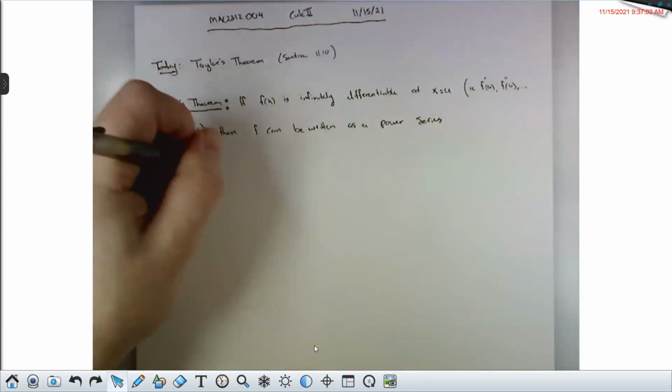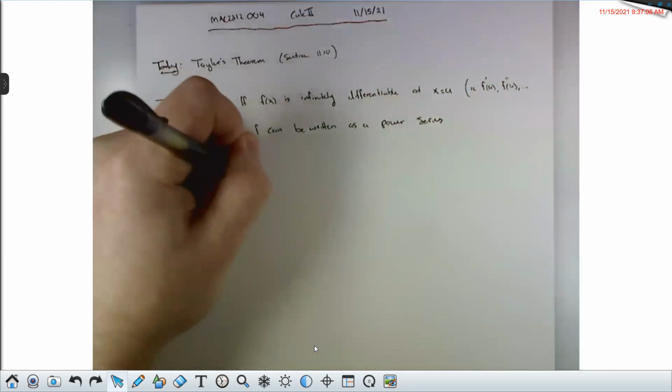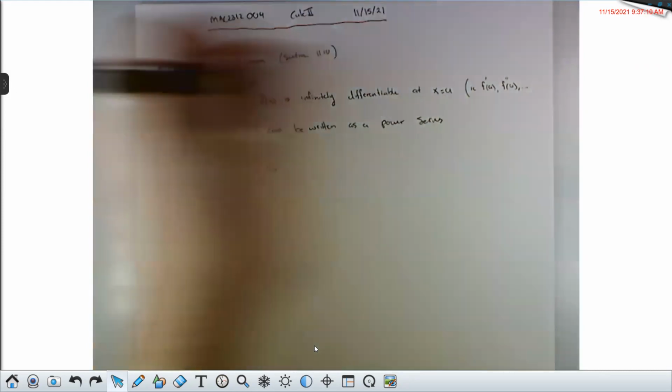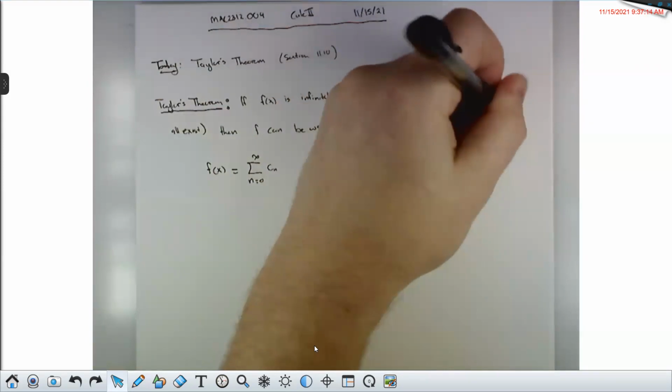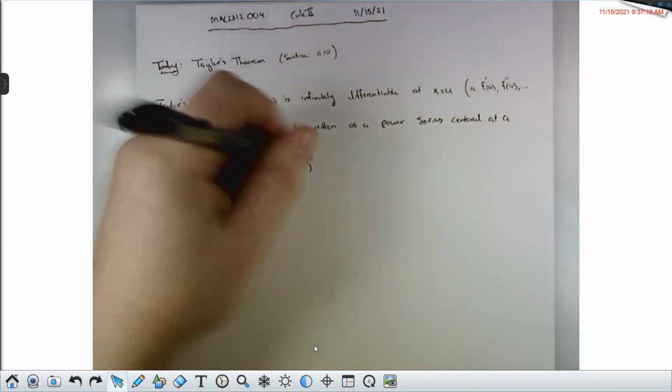So f of x is equal to the sum from n equals 0 to infinity of Cn times (x minus a) to the n, centered at a.